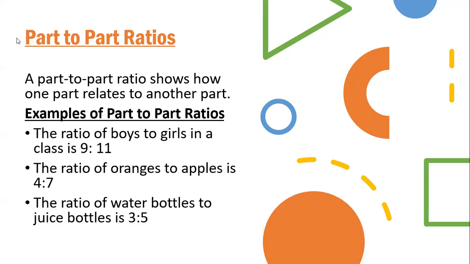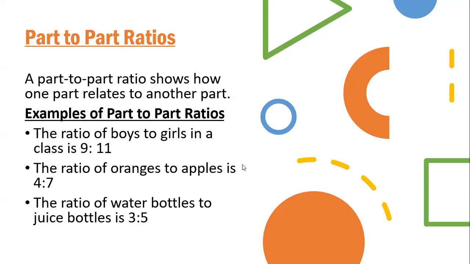So what does that mean? That there's 9 boys and 11 girls. Okay, that's close, but it doesn't have to be 9 boys and 11 girls. All that means is that for every what? 9 boys, there's 11 girls. Very good. For every 9 boys, there's 11 girls.